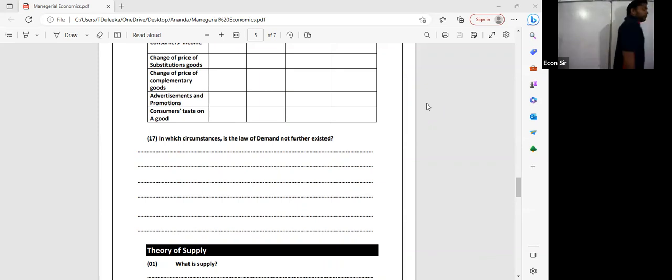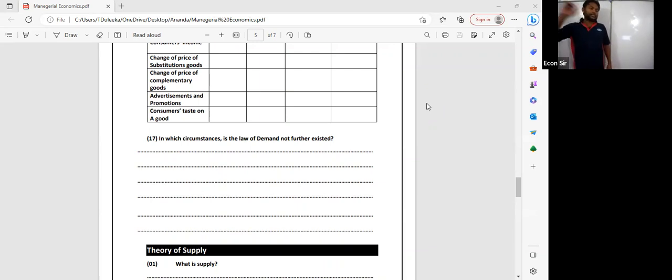What do you mean by Veblen? Now see, given goods were also introduced by whom? Robert Giffen, one of the famous economists. He introduced those goods, Giffen.